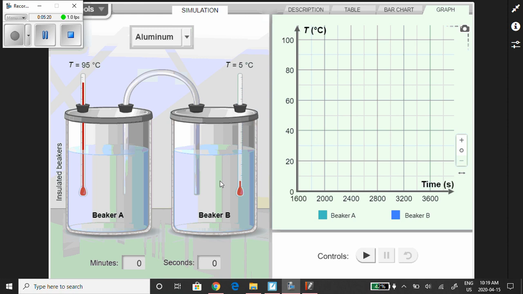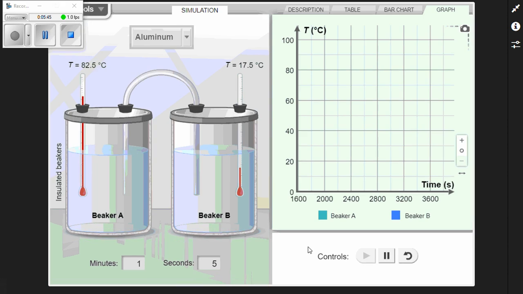And we want to understand how we can get thermal energy from here, the hot, into the cold, because the transfer of thermal energy, heat, always goes from the warmer to the cooler. And as you watch some of the videos that I've asked you to watch, you'll understand that. But let's take a look at what's going to happen here.